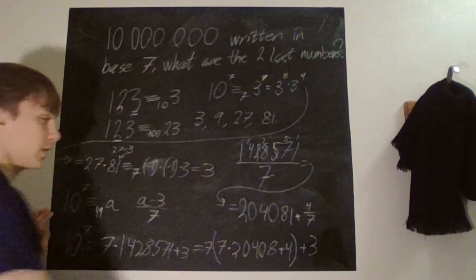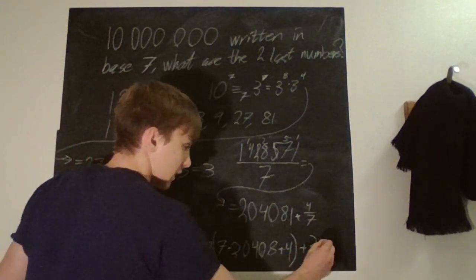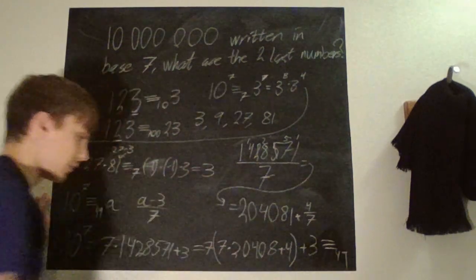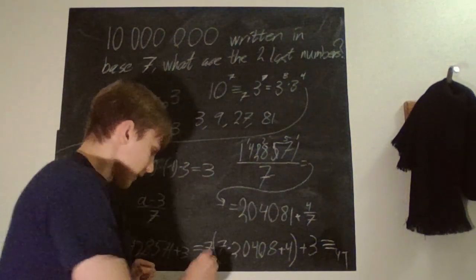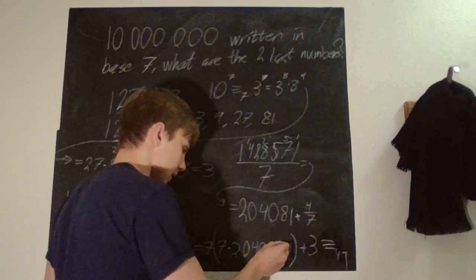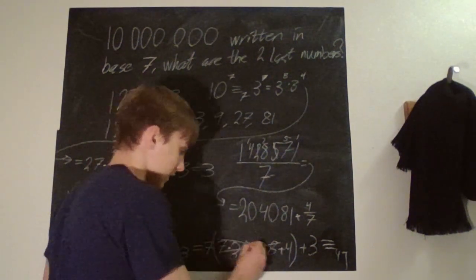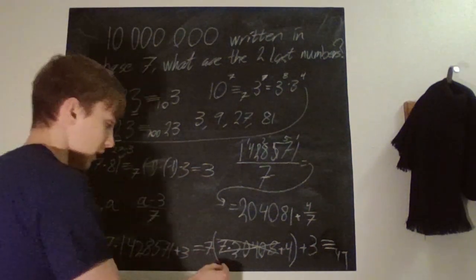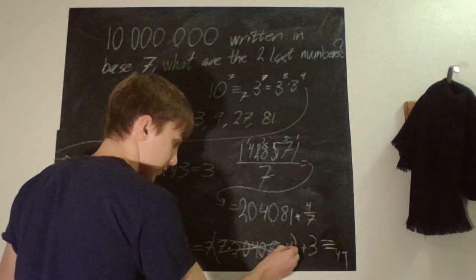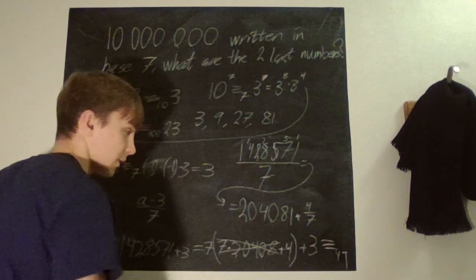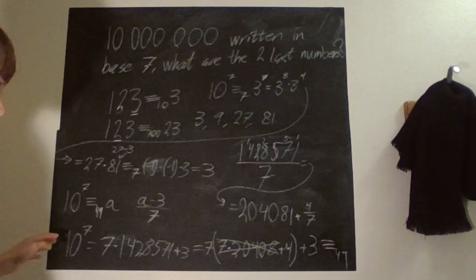So what is this modulo 49? Well, 7 times 7 is 49, so this thing cancels out. What do we get left? We have 7 times 4, that's 28, plus 3, that's 39.